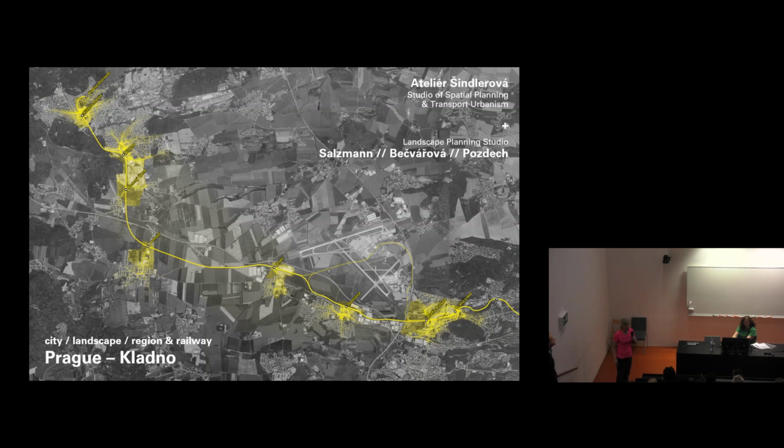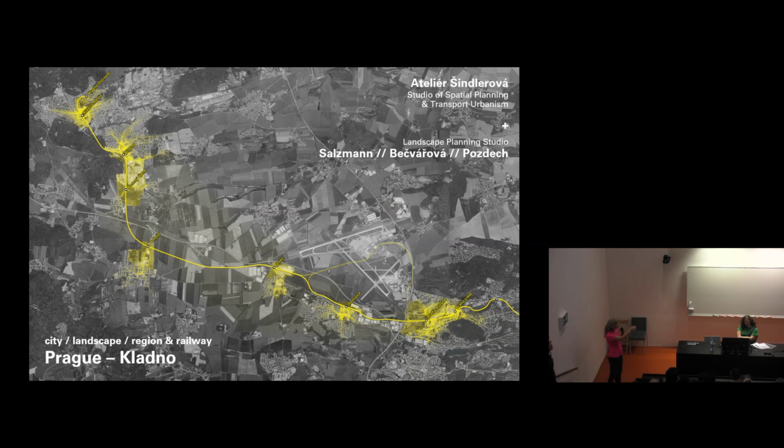For this semester, we selected a very actual topic: the modernization of the railway connection between Prague, here is the edge of Prague, we are somewhere here in Davice, the western edge of Prague, and Kladno, the biggest Middle Bohemian town with around 70,000 inhabitants, and in between the whole region, which is very intensively developed with suburban development, mostly residential, but also commercial activities.